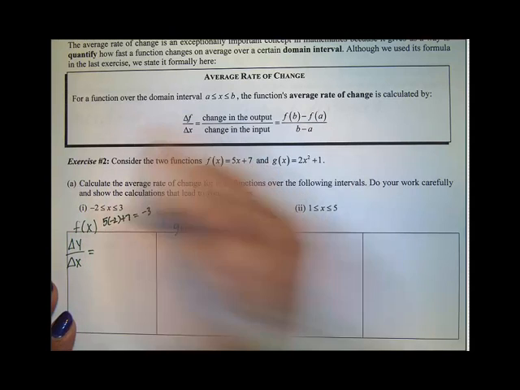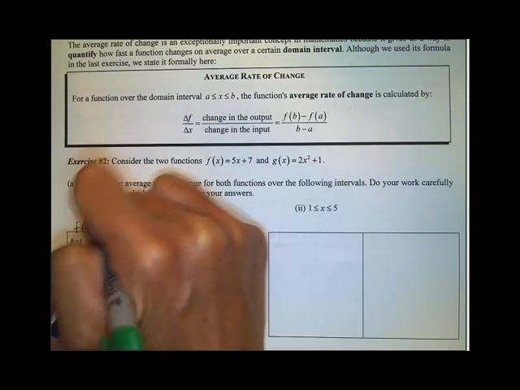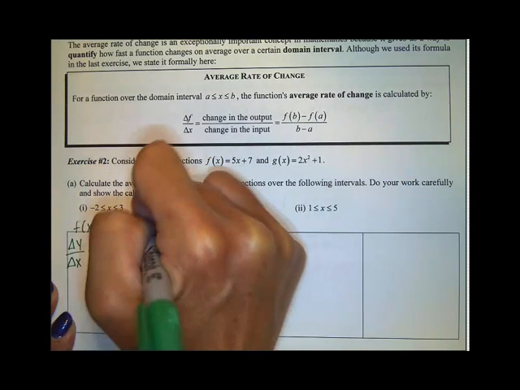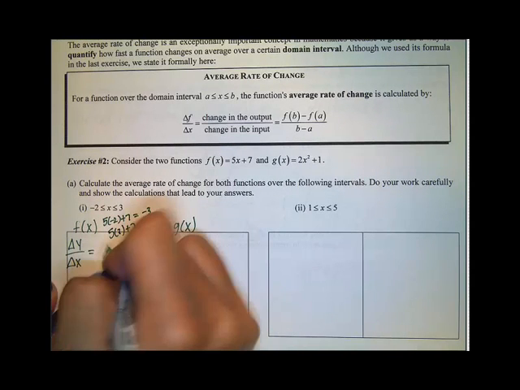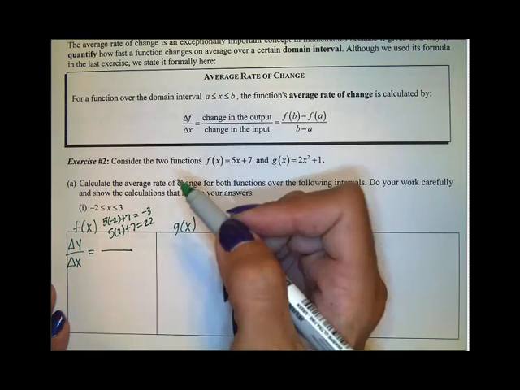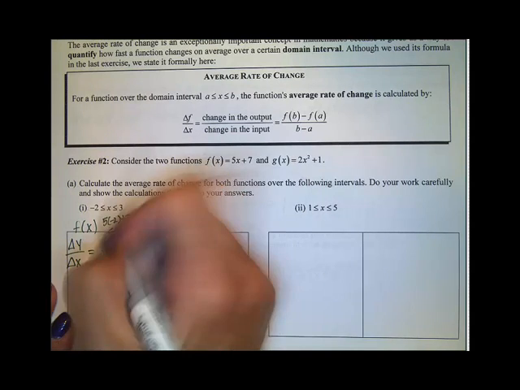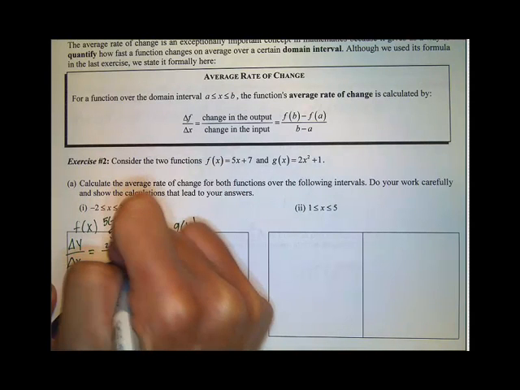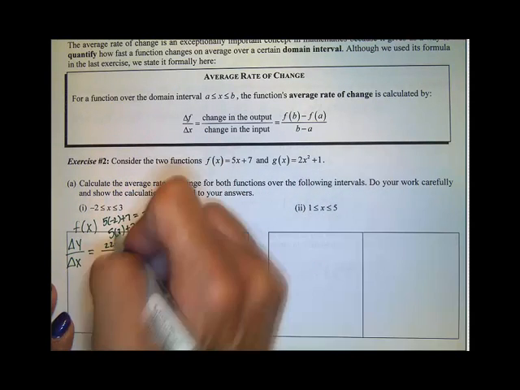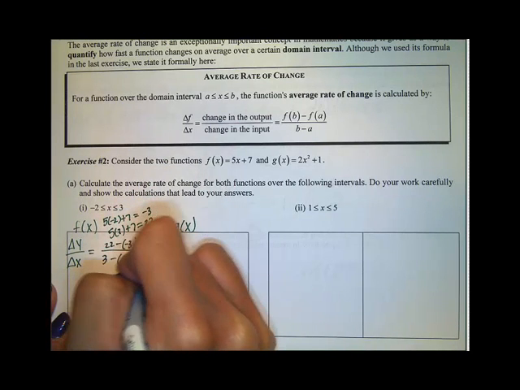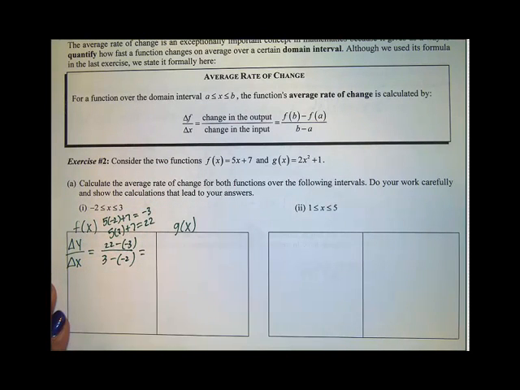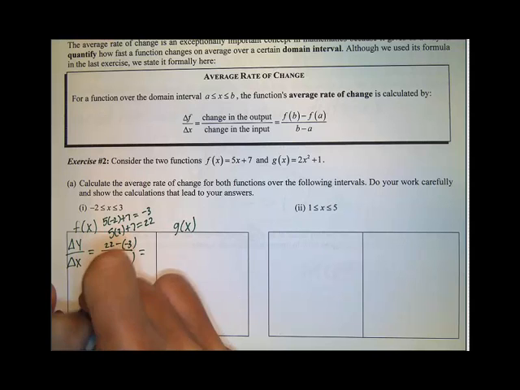And f of 3 is 5 times 3 plus 7, which is 22. So we need the change in y: 22 minus negative 3, over the change in x, 3 minus negative 2. Our answer is 25 over 5, which is 5.